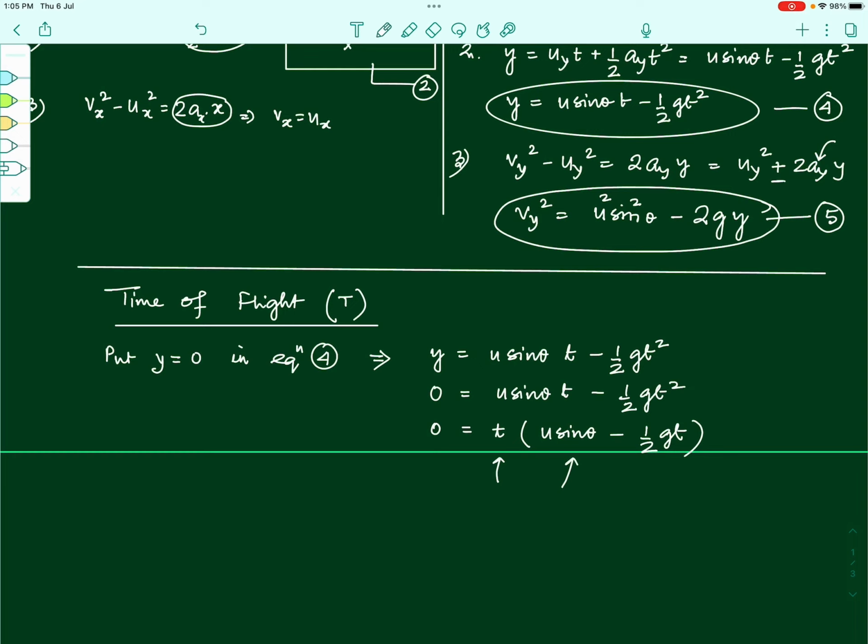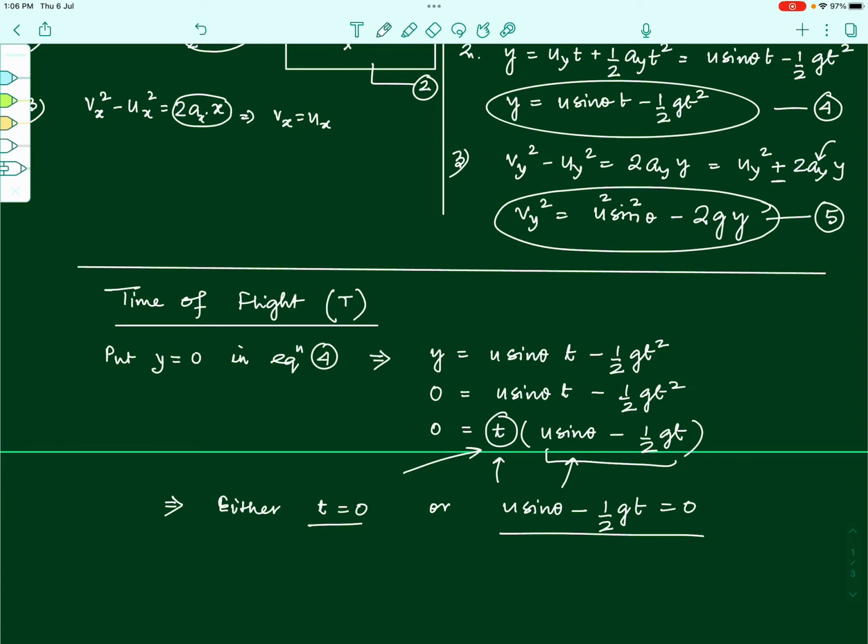What is the meaning of this? The meaning is that either t is equal to 0, the first factor is 0, or the second factor is 0, which means u sin theta minus half gt is 0. When any of these two equations is true, we will have the product of these two terms as 0.